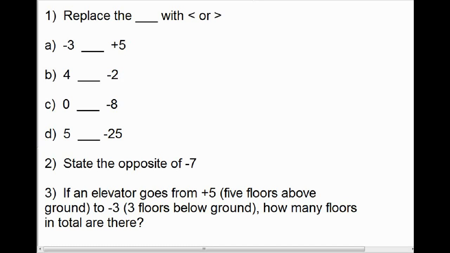And then question number 3 asks, if you're in an elevator and you look at the buttons, and the very top button is +5, so that's the top floor, which is 5 floors above ground level, and the very bottom button is -3, which means 3 floors below ground level. The question is, how many floors in total are there that the elevator can go to?